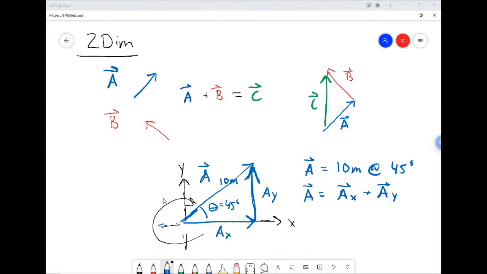So Ax and Ay are the one-dimensional components that when you add them together give you the whole thing, just like A and B earlier, which was C earlier, but now it's A.